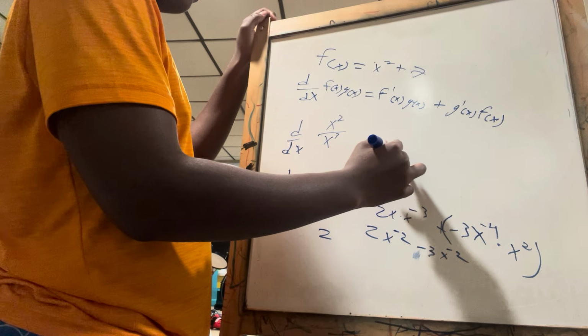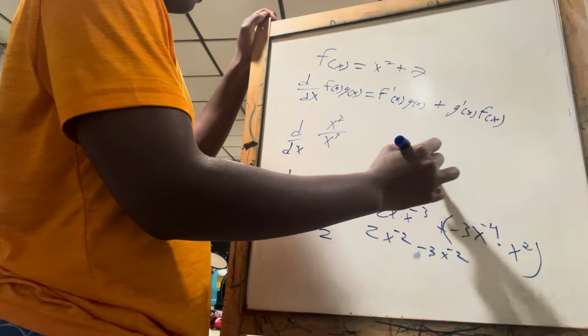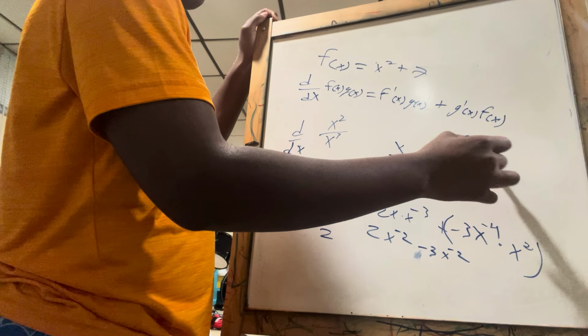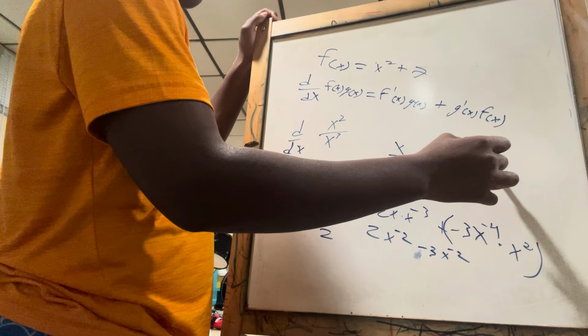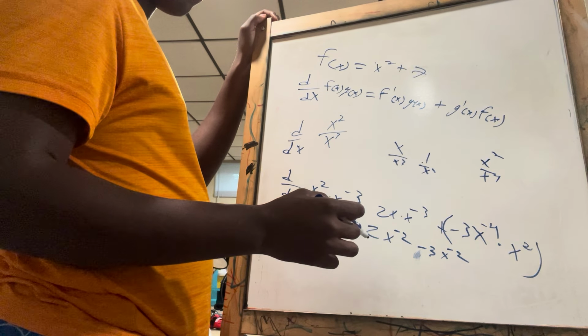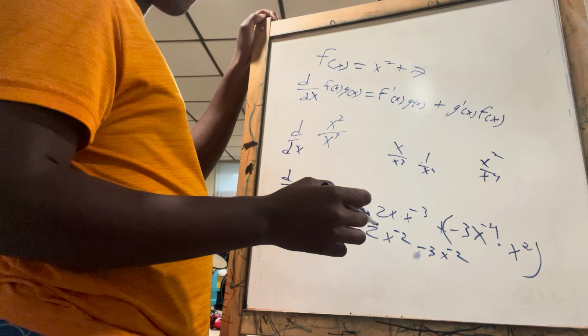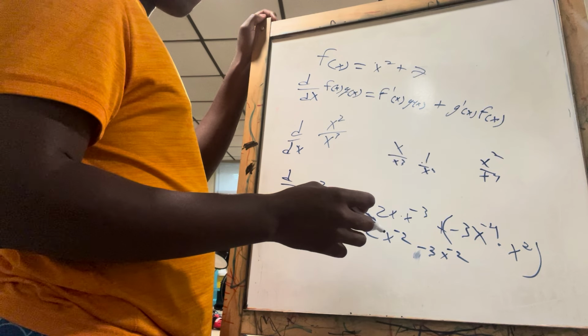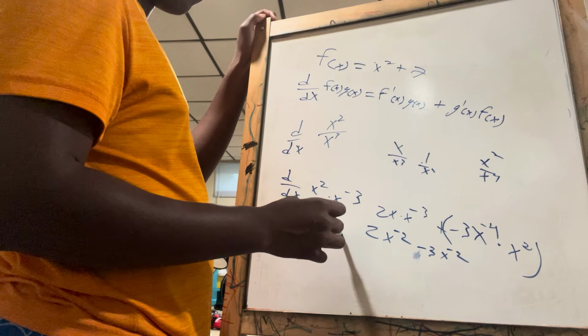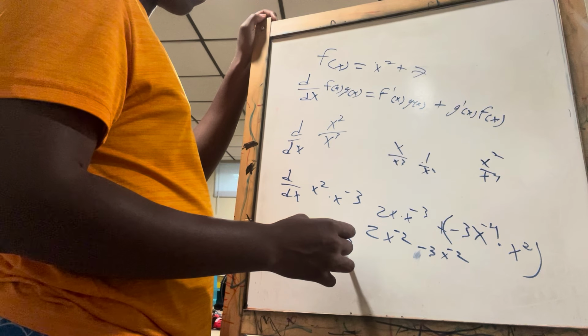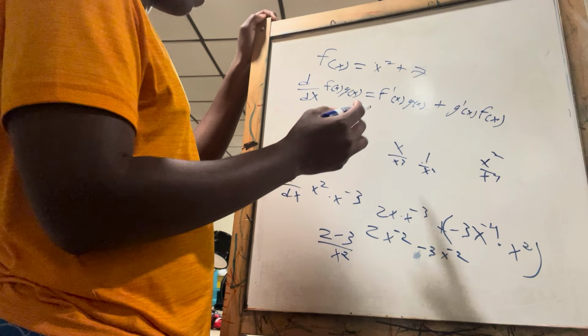Okay, wait, x over x cubed is just 1 over x squared, and x squared over x to the 4th. That's weird, wait.